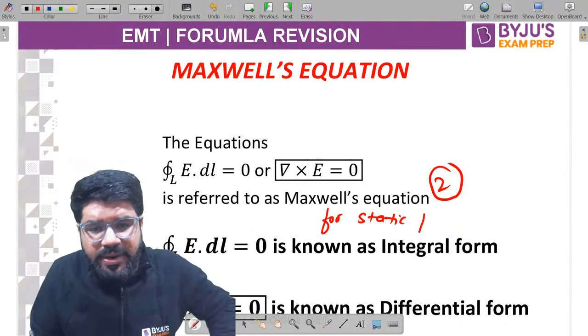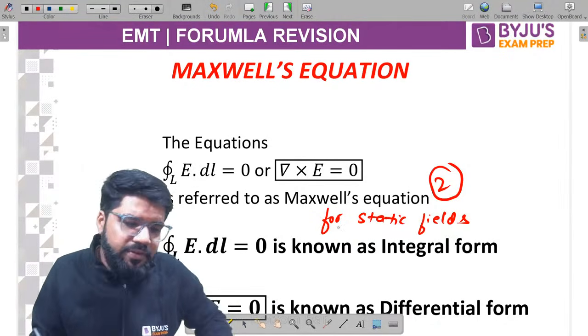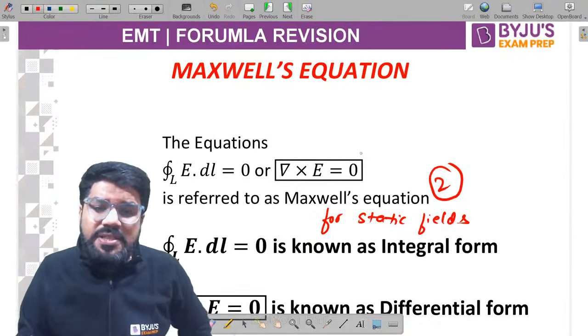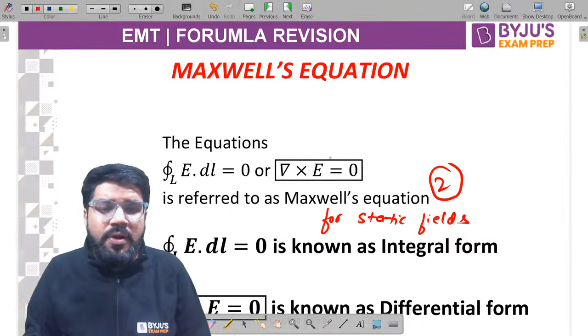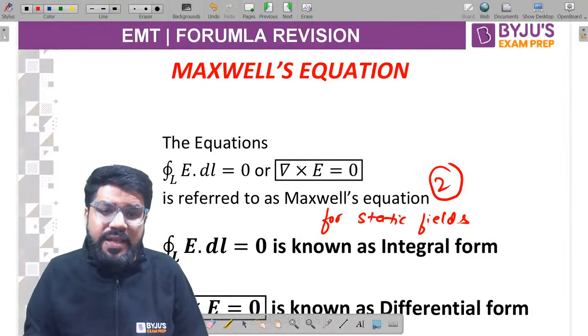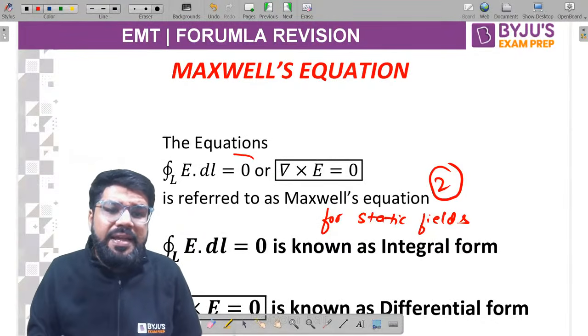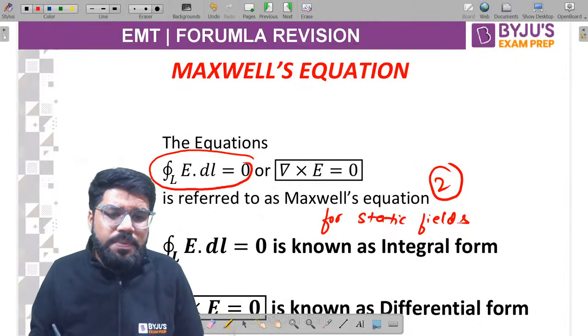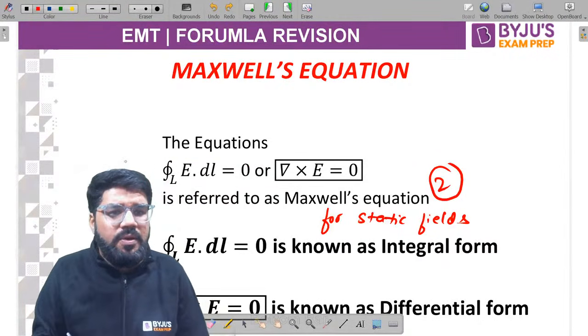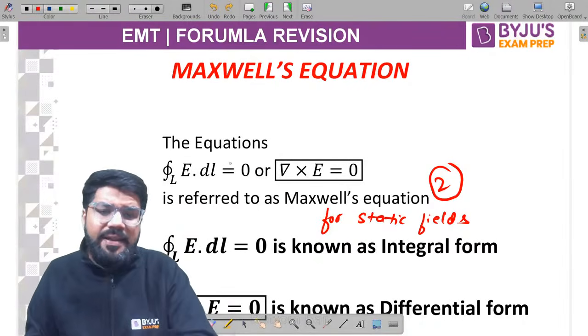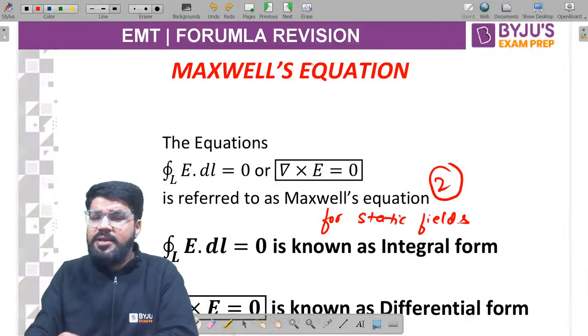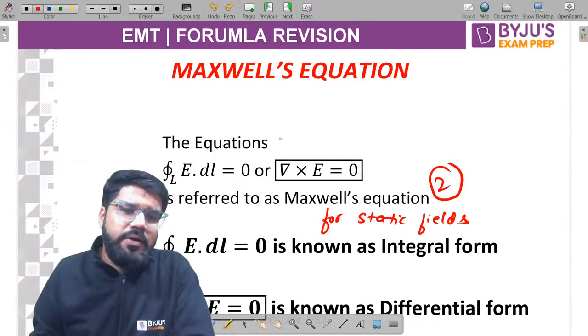Right now we are first summarizing the Maxwell's equations for electrostatic fields. Del cross E is equal to 0, or the line integral of electric field along a closed path is equal to 0.